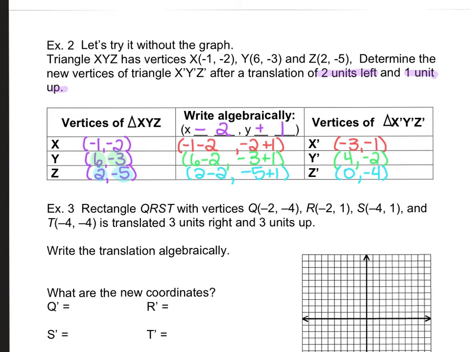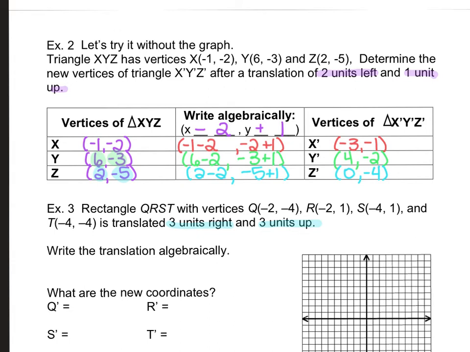So for our next one, example 3, we have a rectangle now. Rectangle QRST has the following vertices and is translated 3 units right and 3 units up.